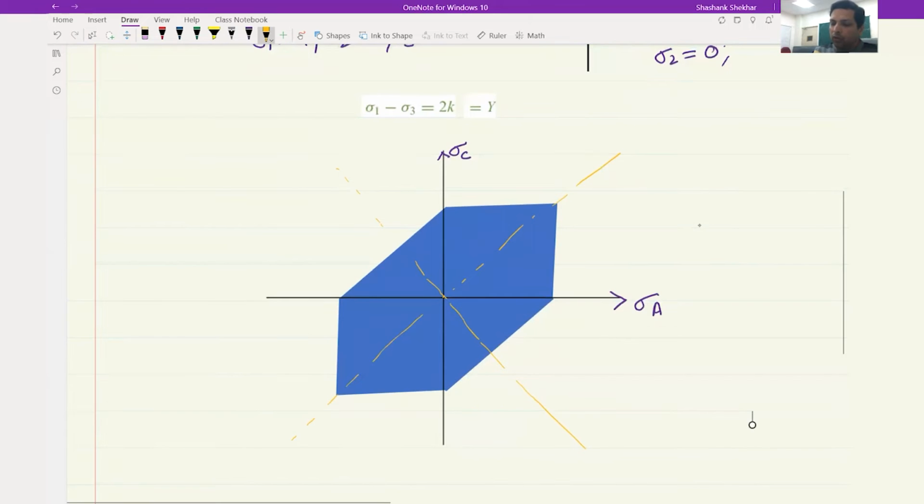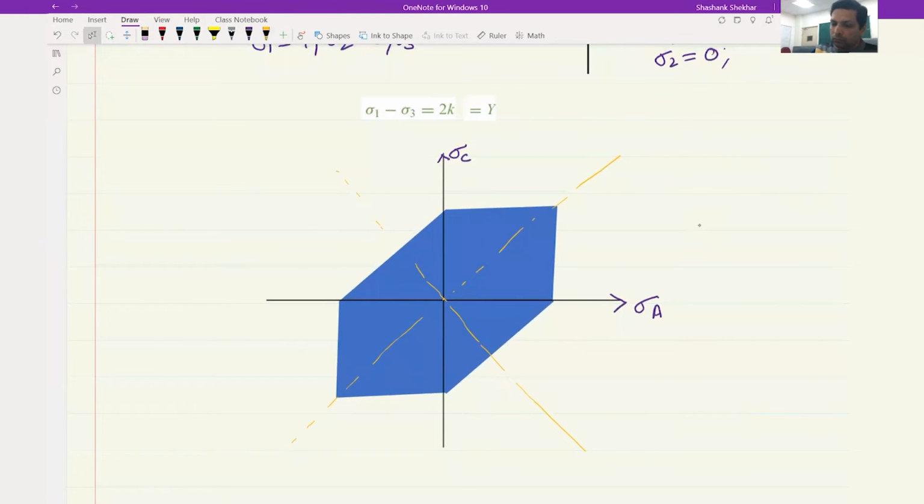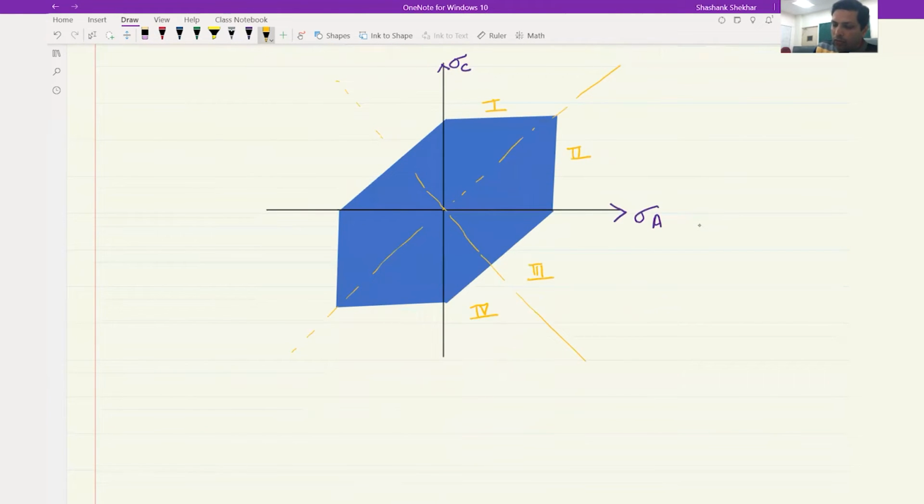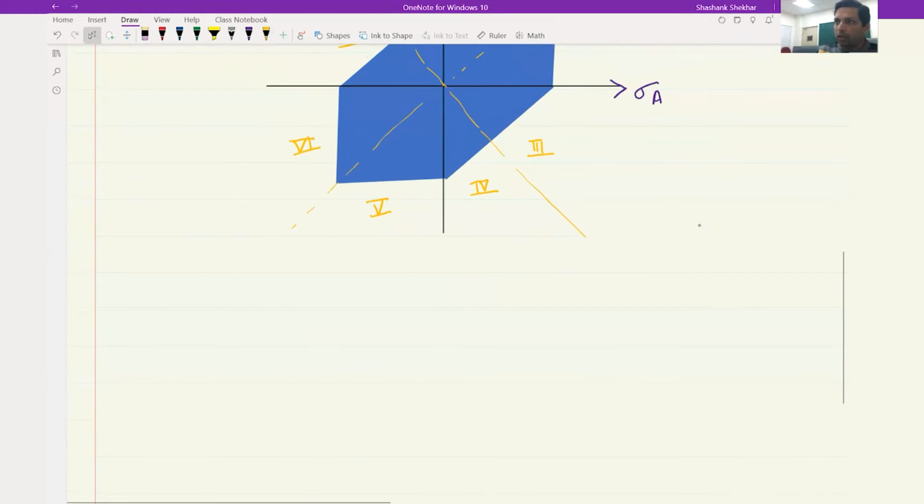Okay, so we will call this zone 1. We'll call this zone 2, zone 3, zone 4, 5, 6, 7, and 8.